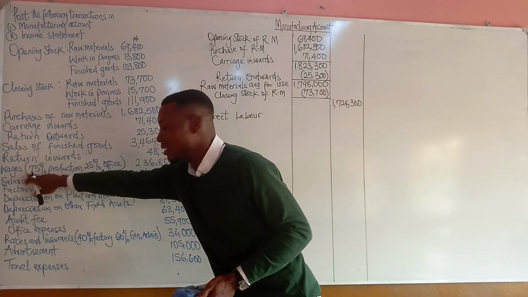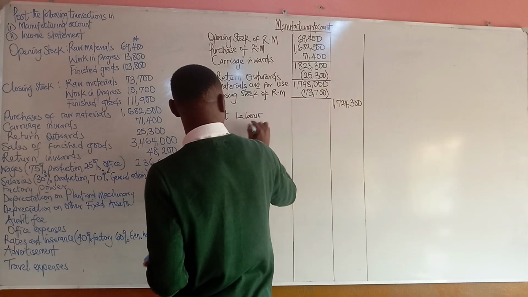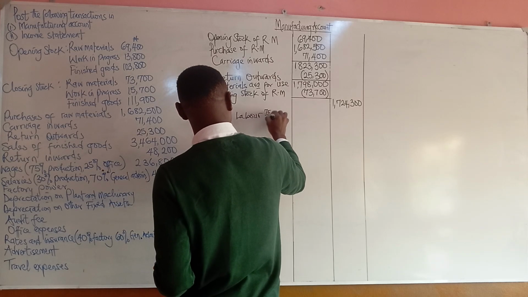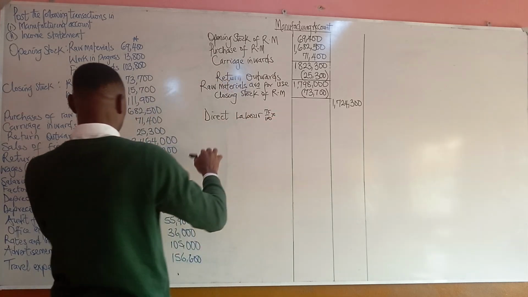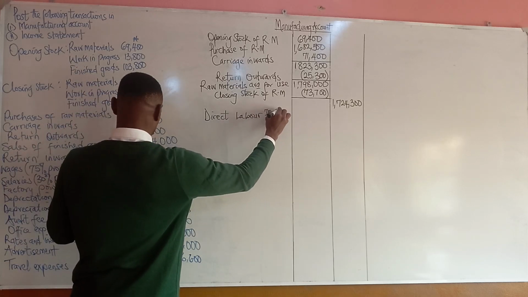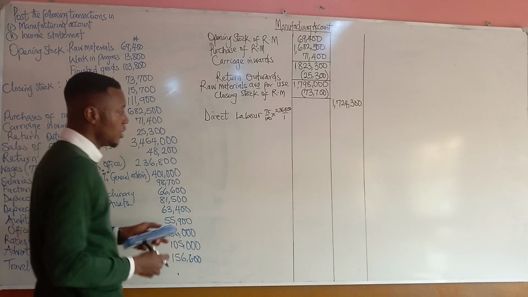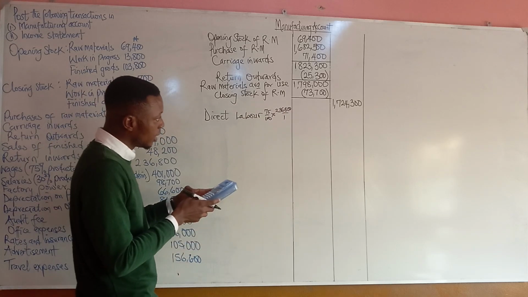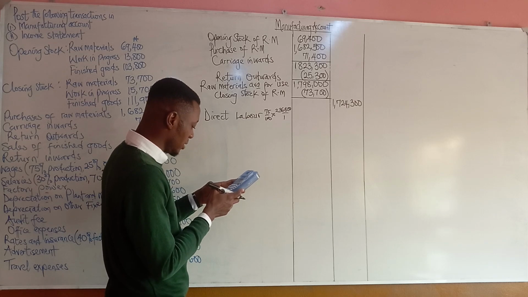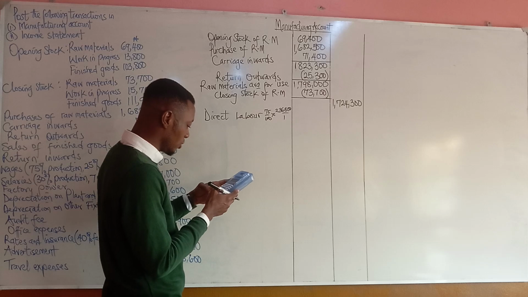Now, if we come here, we have what we call wages. Yes, wages, 75% production. So I'll have 75 over 100 multiplied by 236,800 over 1. So that will give me 75 multiplied by 236,800 divided by 100.